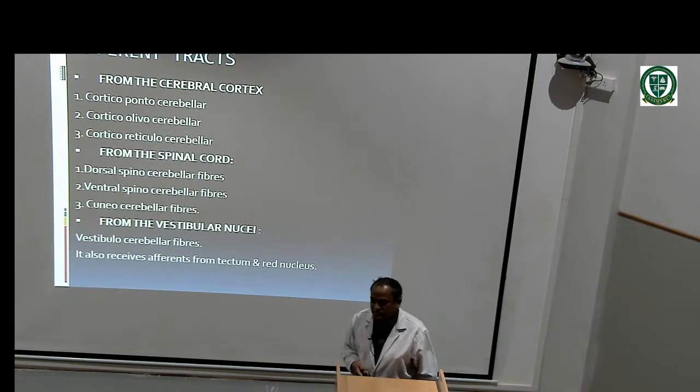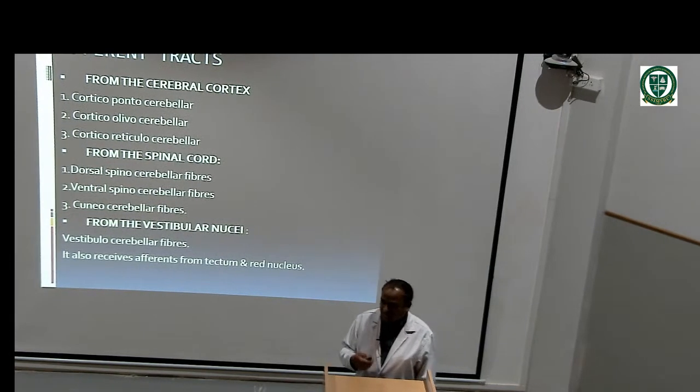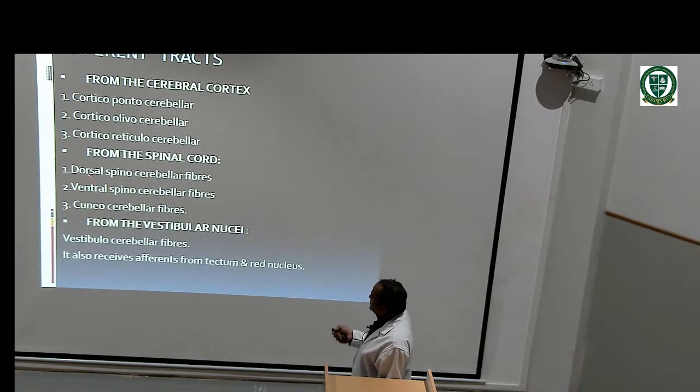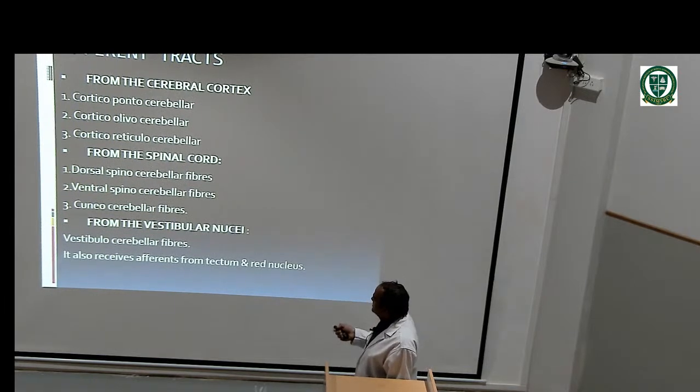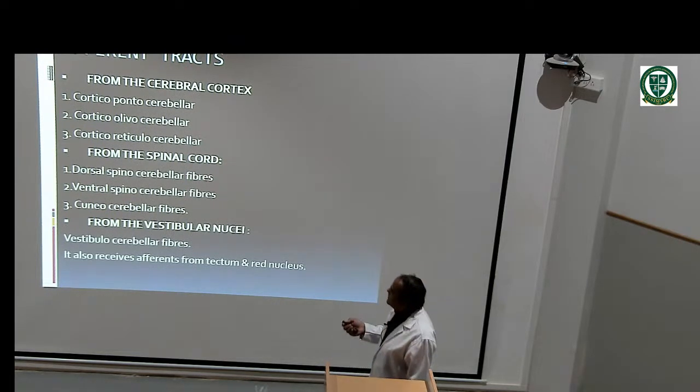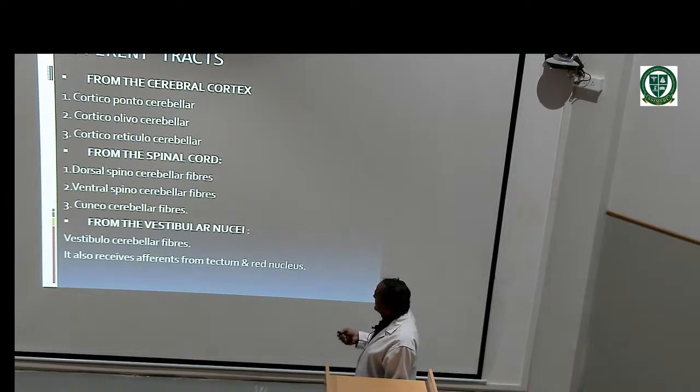They also arise from the spinal cord and end in the cerebellum. So what are these? Dorsal spinocerebellar fibers, ventral spinocerebellar fibers. They arise from the spinal cord, ascend upwards, and go to the cerebellar cortex, and cuneocerebellar fibers.